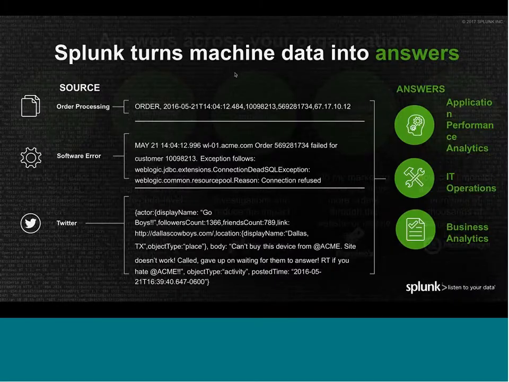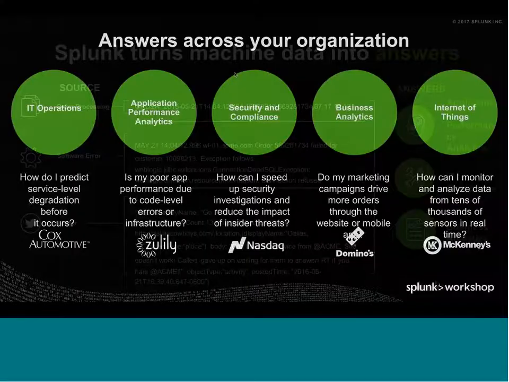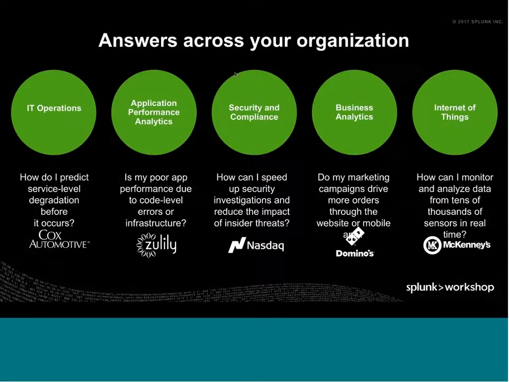So how do you turn machine data into answers? Well, what does machine data, first of all, look like? Well, what you can see is, it can come from our order processing machine. It can come from the logs in a mid-tier, like a J2EE app running on WebSphere, for example.